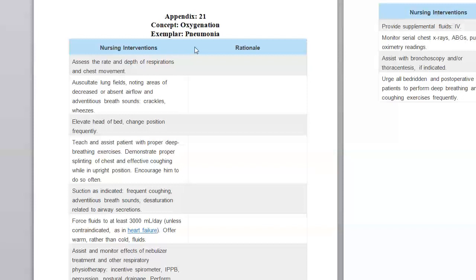Auscultate lung fields, noting areas of decreased or absent airflow and adventitious breath sounds: crackles and wheezes. Decreased airflow occurs in areas with consolidated fluid. Bronchial breath sounds can also occur in these consolidated areas.